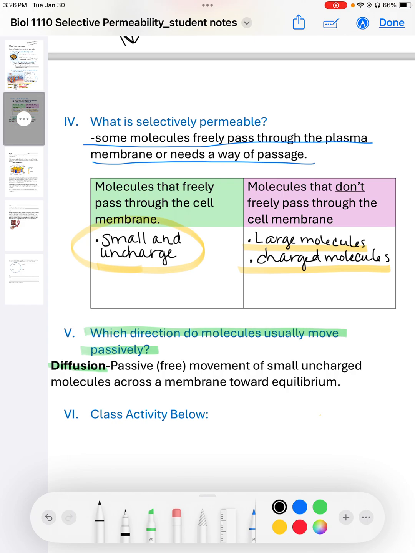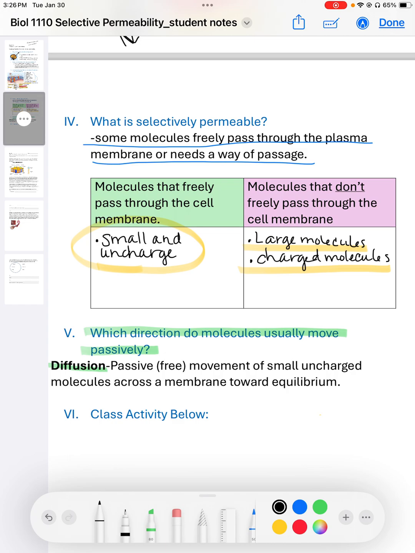And I'll say that again. Diffusion is passive free movement of small uncharged molecules across the membrane towards equilibrium. Here it says uncharged, but in this case, things that are charged can also move, and it just depends on the gradient.